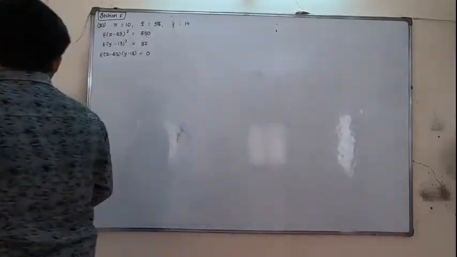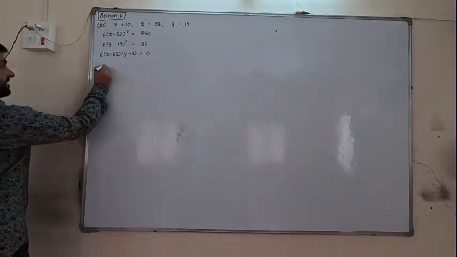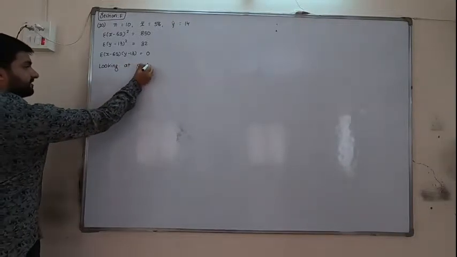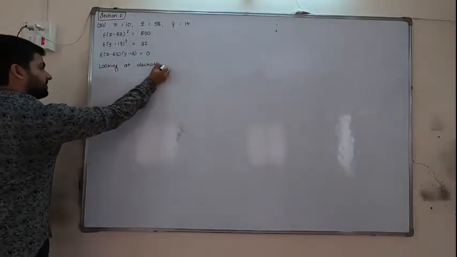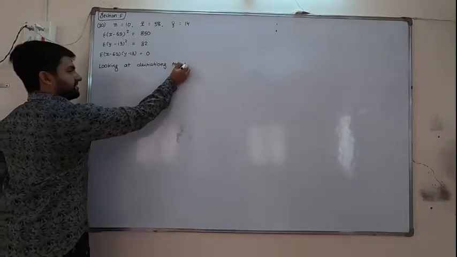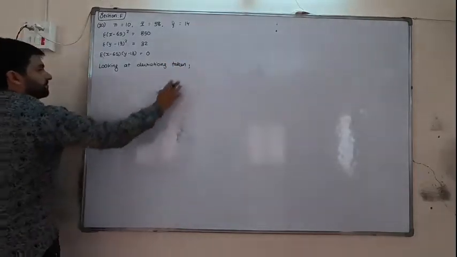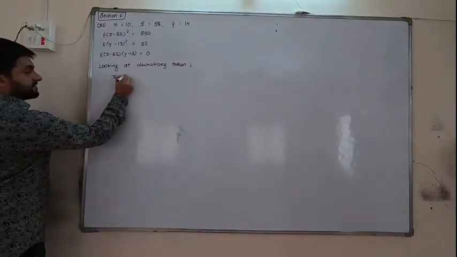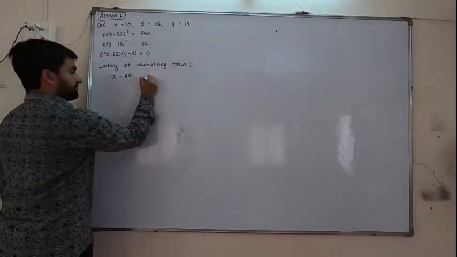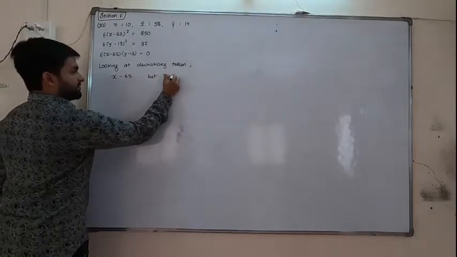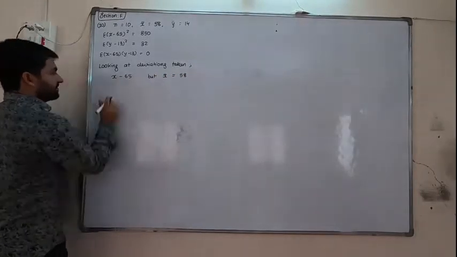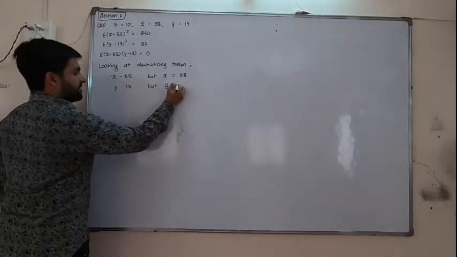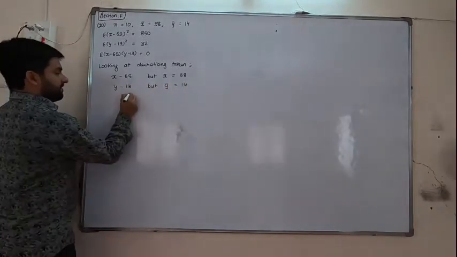So, how will we start the sum? We will write: looking at the deviations taken, x minus 65 but x bar is equal to 58, y minus 13 but y bar is equal to 14.